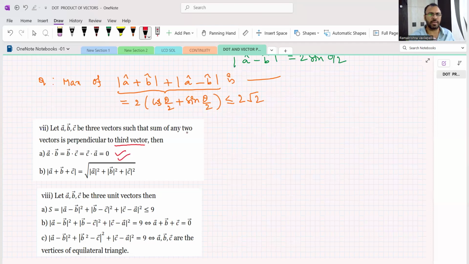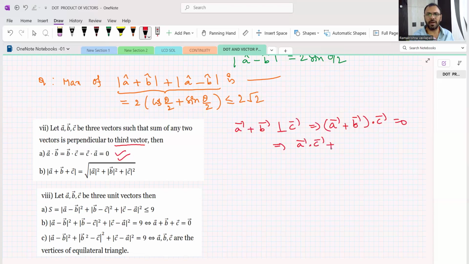This is very important. Sum of any 2 vectors is perpendicular is nothing but A bar plus B bar perpendicular to C bar, that is A bar plus B bar dot C bar equal to 0. So you will get that A bar dot C bar plus B bar dot C bar equal to 0.